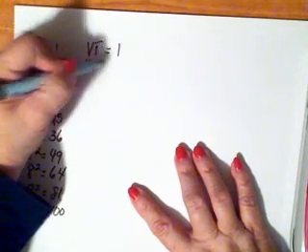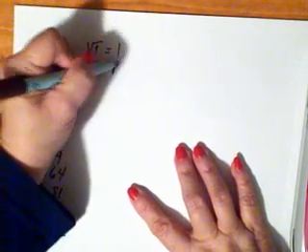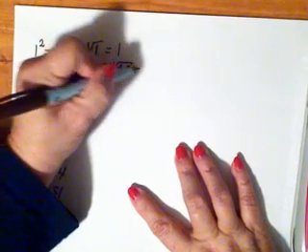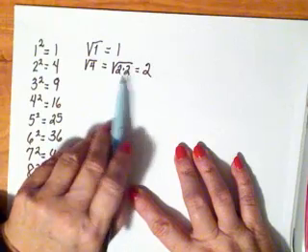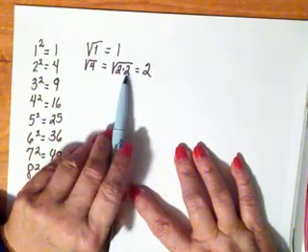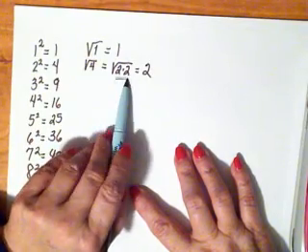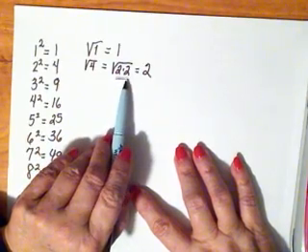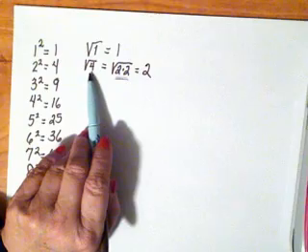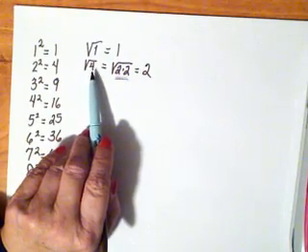The square root of 4 is 2 times 2. So the square root of 4 is 2, because the exact 2 times 2 are the same number that multiplied by itself gives me 4.